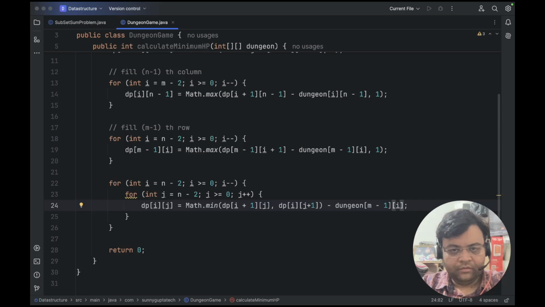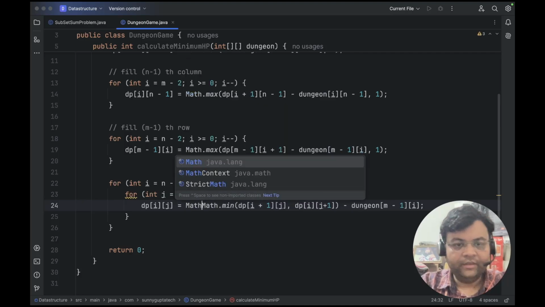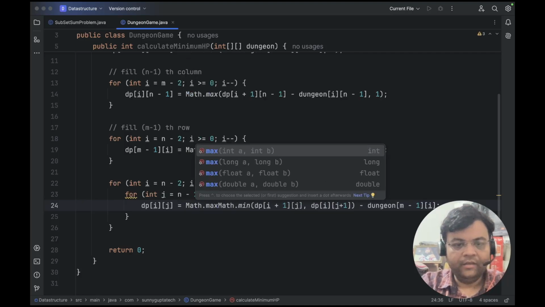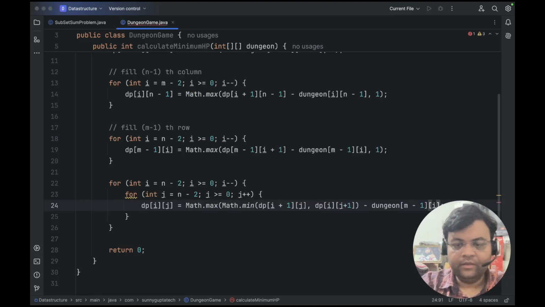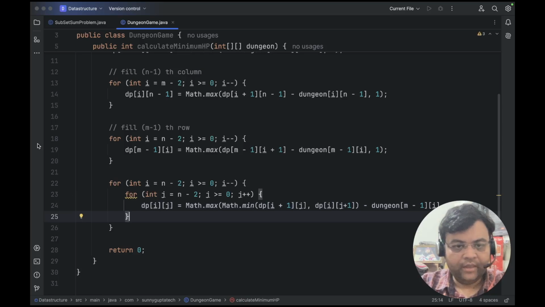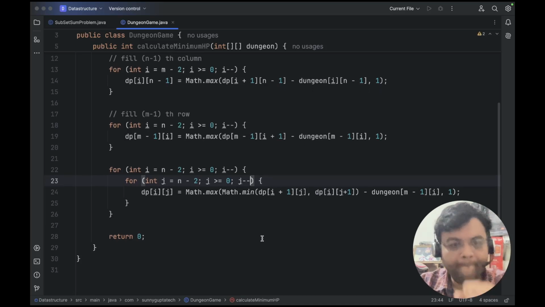So again, I'd say Math.max of this comma 1, right? If it is positive, then we'll pick the positive value. If it is negative, we'll pick 1. That's okay, right? Now j minus minus, sorry.